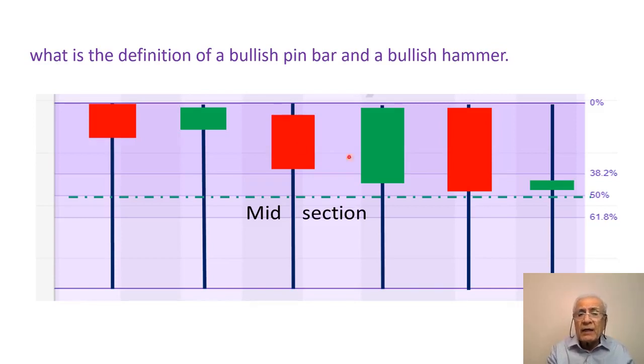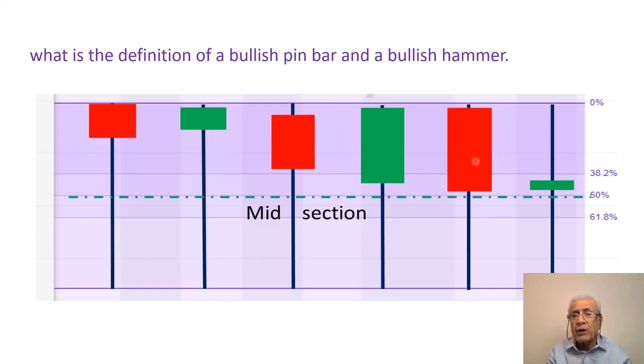Now, in this pin bar, since the sellers first push the price down all the way to the end, and then the buyers reject this lowest price and push the price higher past the midsection and close above the midsection, all these pin bars are considered bullish pin bars, regardless of the color.